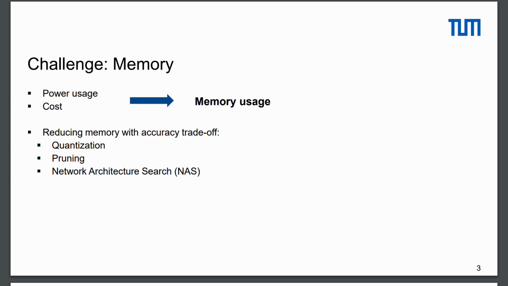But I will point out that these are methods that will change the behavior of your model, possibly reducing accuracy. And I want to present an alternative today that doesn't have this limitation.